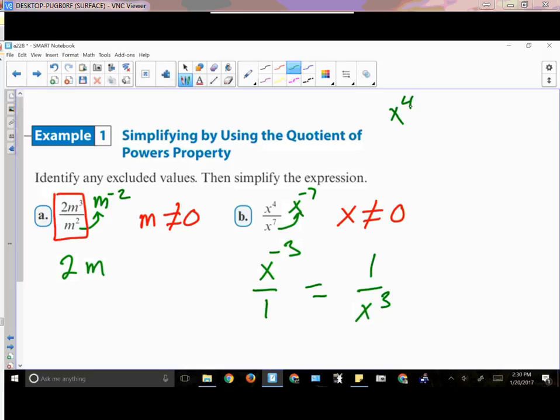I suppose if you wanted to, I could have done it this way. That means that I have 1, 2, 3, 4 over 1, 2, 3, 4, 5, 6, 7, right? X cancels, x cancels, x cancels, x cancels. How many x's do I got left down here?